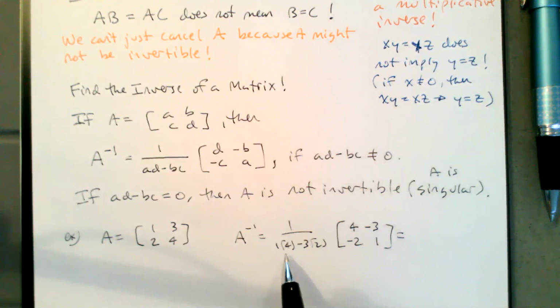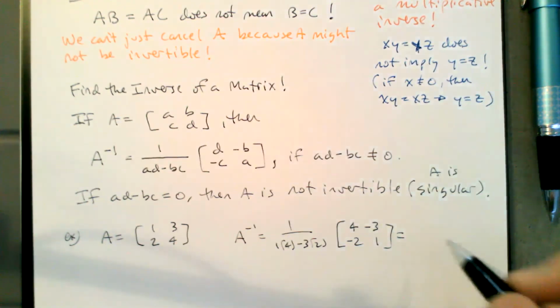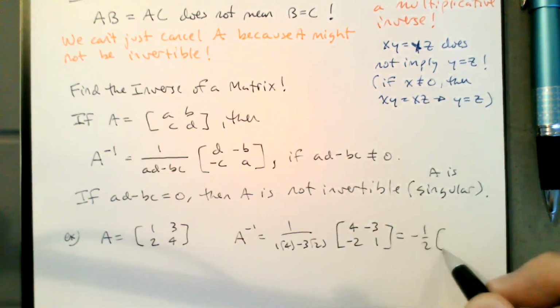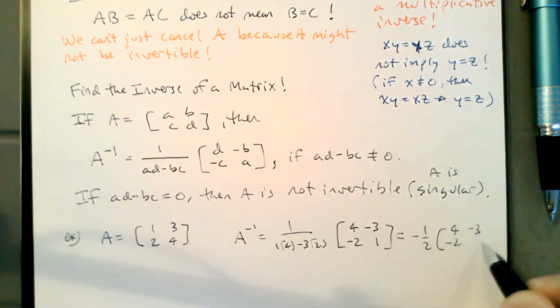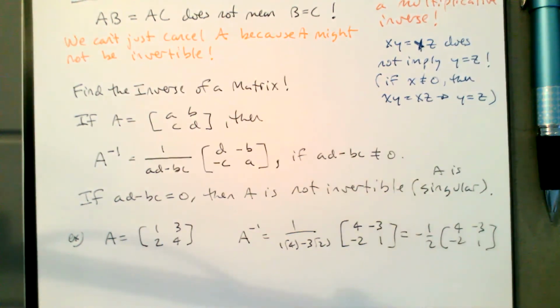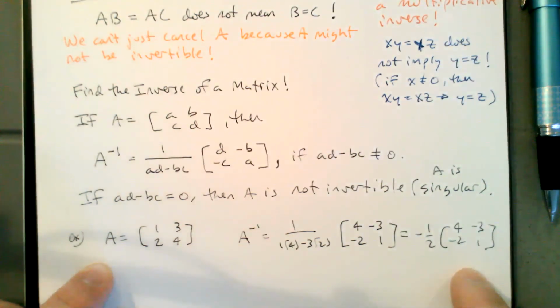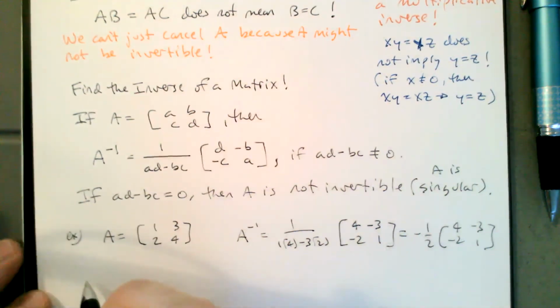So we get 1 over negative 2, that is negative 1/2. And if we multiply A times A inverse, we should get the identity. And if we multiply A inverse times A, we should also get the identity.